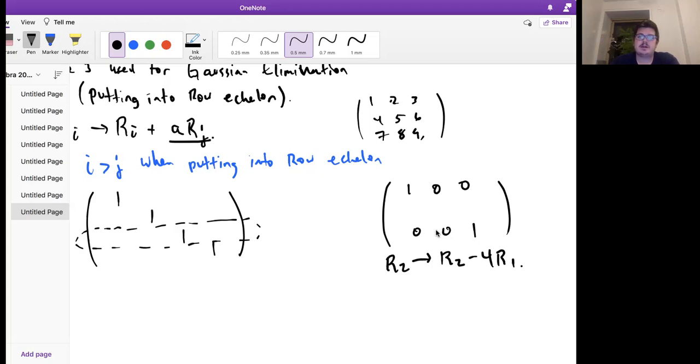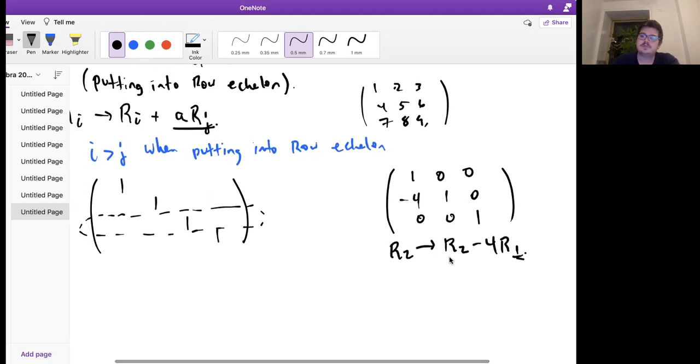Just a couple classes ago, remember that you put a -4 in the first position and then 1, 0. So this is the elementary matrix that does row 2 minus 4 row 1.